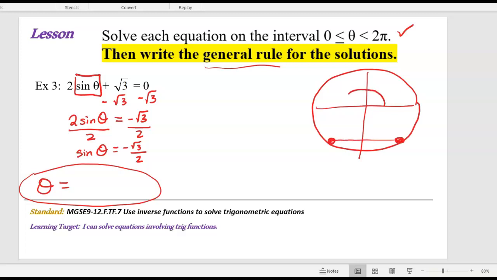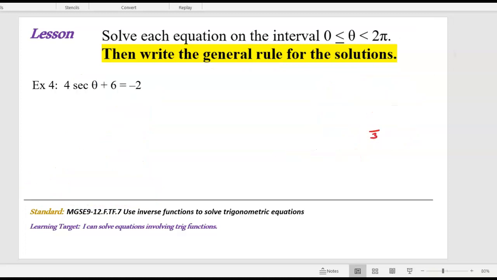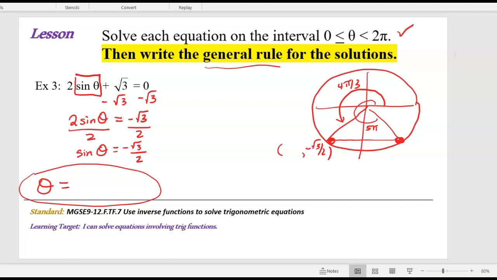So one of my angles is going to be 4 pi over 3. That takes me down to negative root 3 over 2. And the other one, 5 pi over 3. So my two answers are 4 pi over 3 and 5 pi over 3.